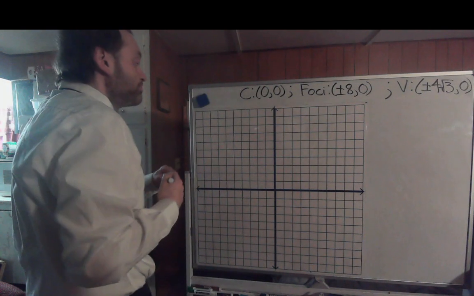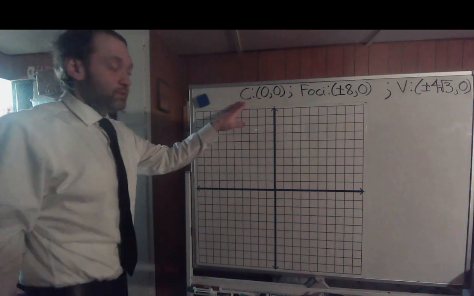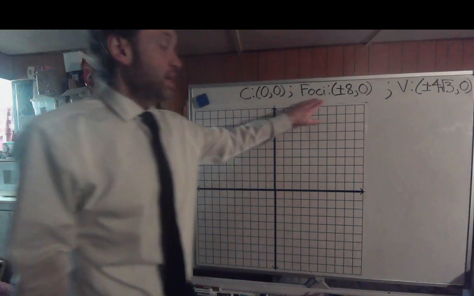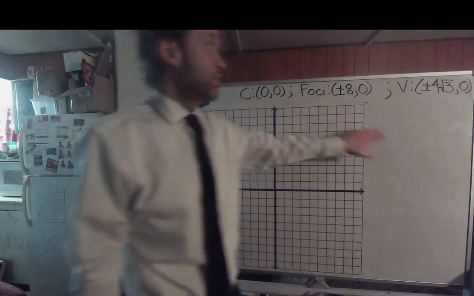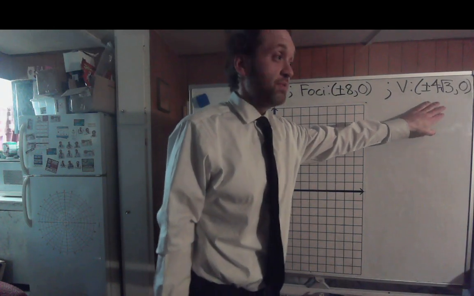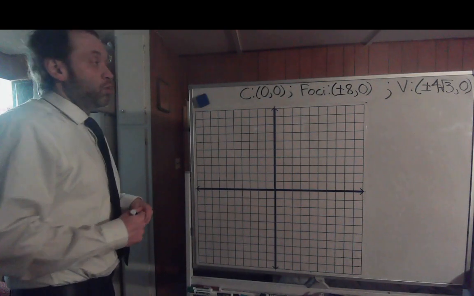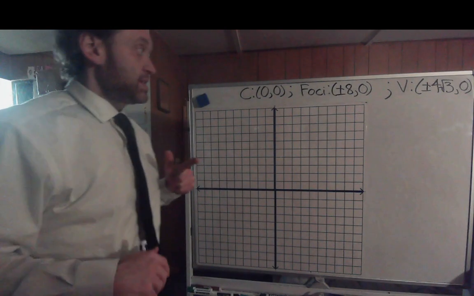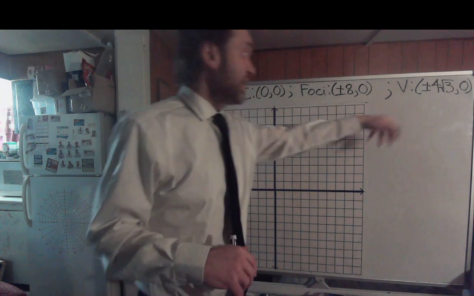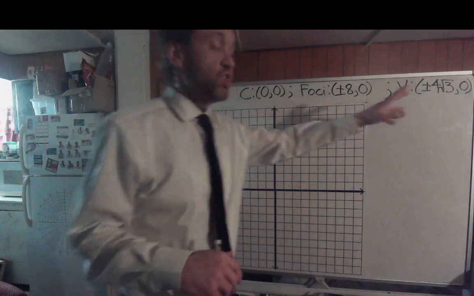So center at 0, 0 for this hyperbola, foci at plus and minus 8, 0, vertices at plus and minus 4 times the square root of 3, 0. Well, what axis is the major axis? Everything's on the x-axis since your y-coordinate doesn't change from 0.